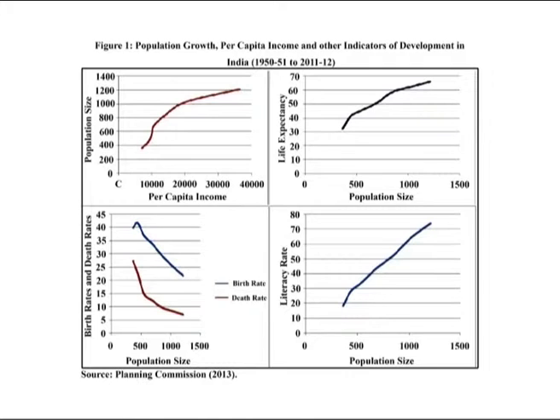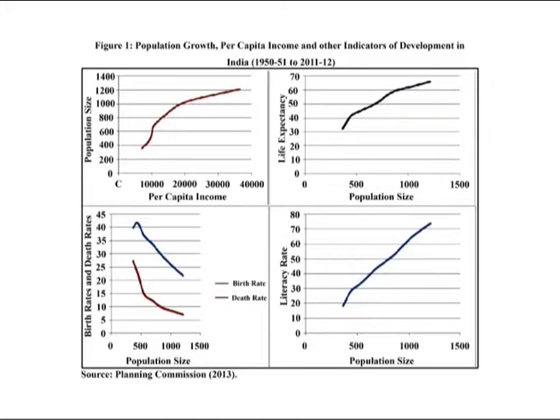This shows that as the population in the country has increased, the literacy rate, the life expectancy and the per capita income have also increased, leading to an improvement in Human Development Index, which is a composite indicator of income, life expectancy and literacy rate.